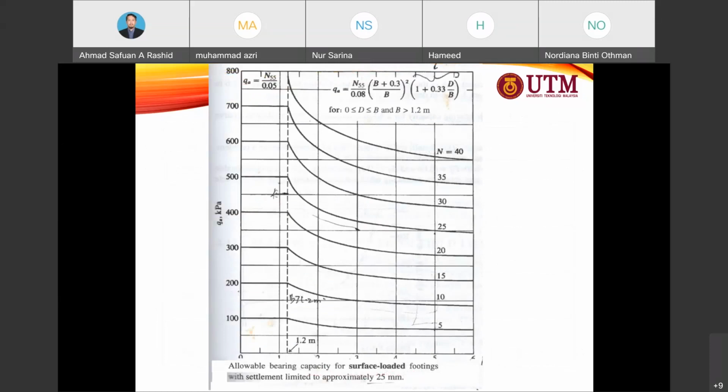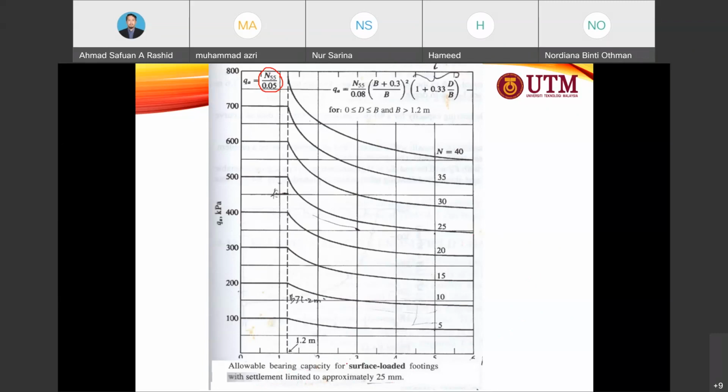For this case, this is based on the corrected N55. Then we may determine the value for QA, the allowable bearing pressure for a surface loaded footing with settlement limited to approximately 25 millimeter. This is the B value.